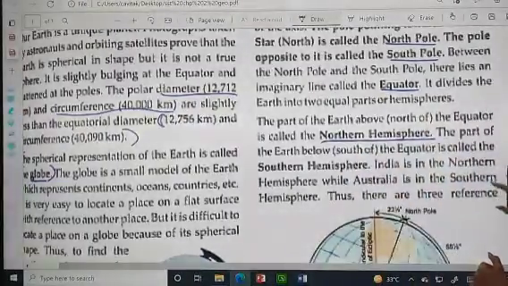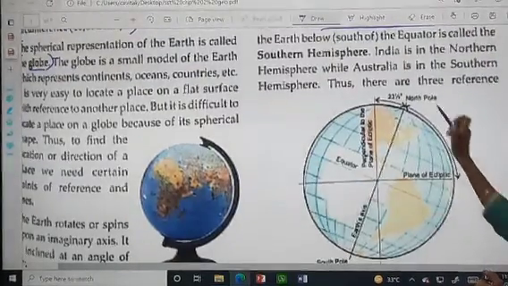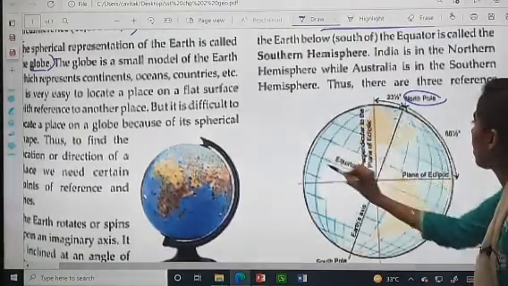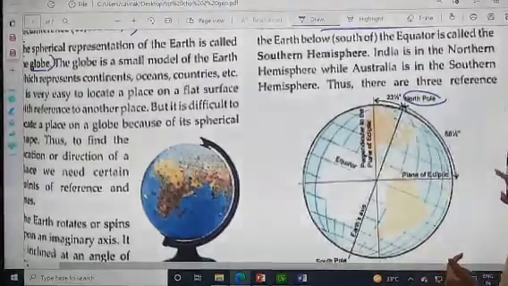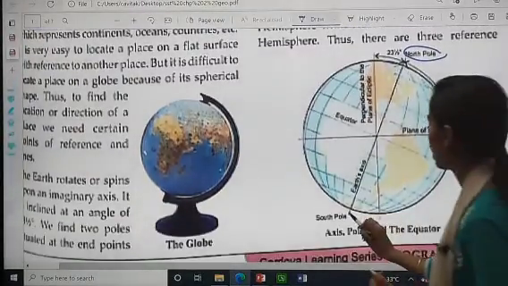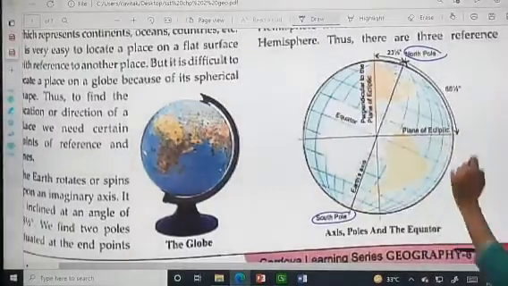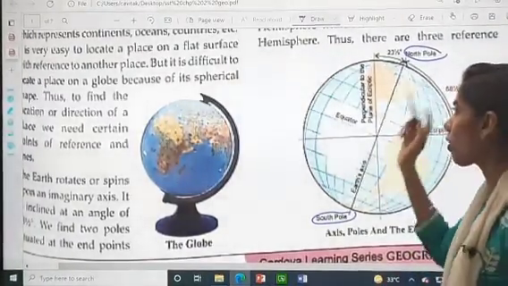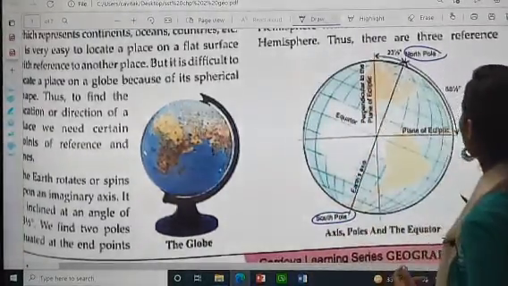Okay? See, equator is at the center. This is our North Pole, right? So, this part is known as what? The northern hemisphere. And talking about the South Pole, this is our South Pole. So, equator से नीचे जो part है, that is our Southern Hemisphere. Okay, so all this we have studied in class 5th and this was like a revision.